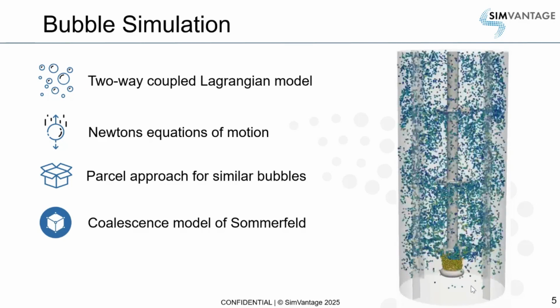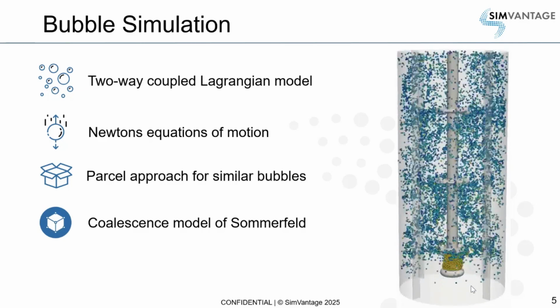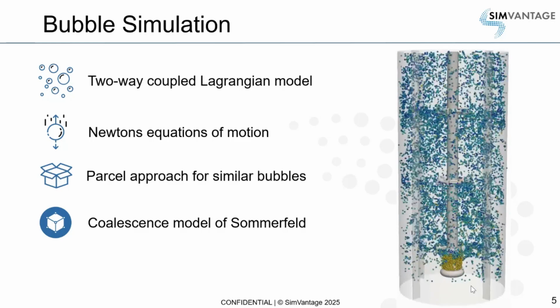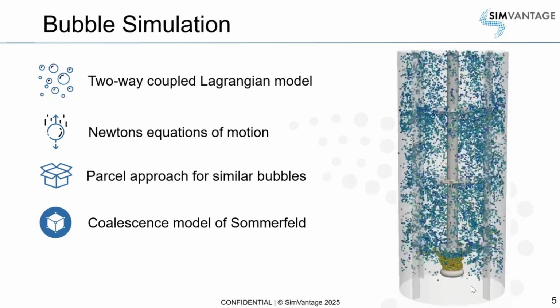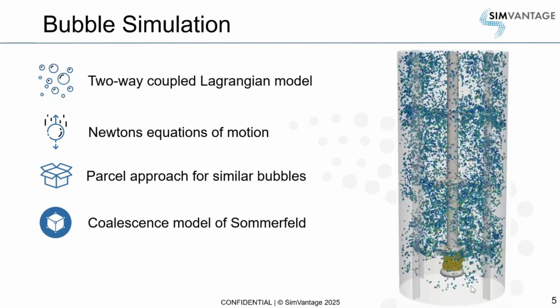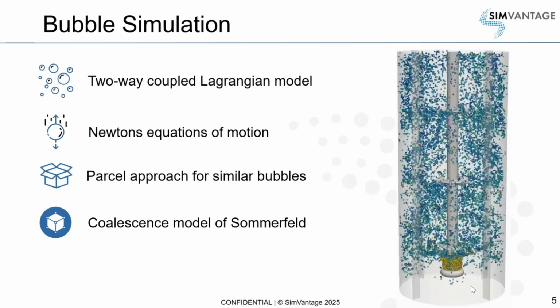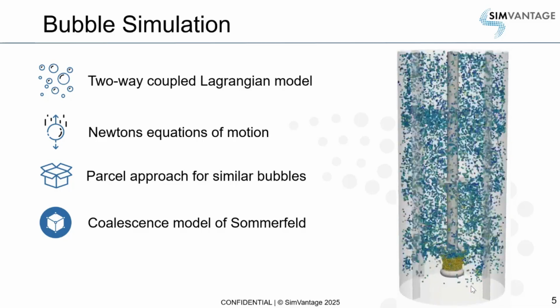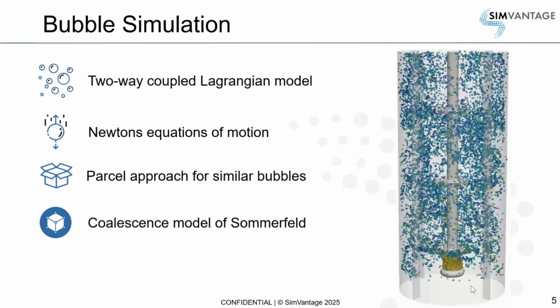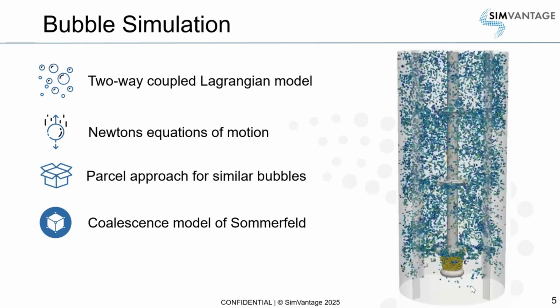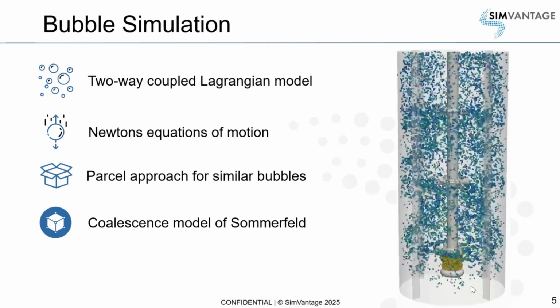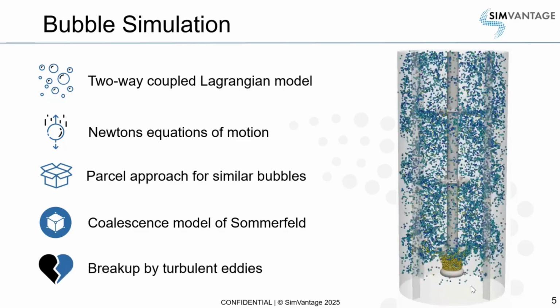For the breakup and coalescence, we use the coalescence model of Sommerfeld, where you measure the contact time and the time this little film between the bubbles that are in contact takes to rupture, and if this film rupture time is longer, then the bubbles just separate again. If the film rupture time is shorter, then a big bubble is formed.